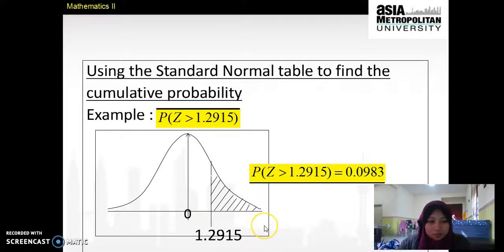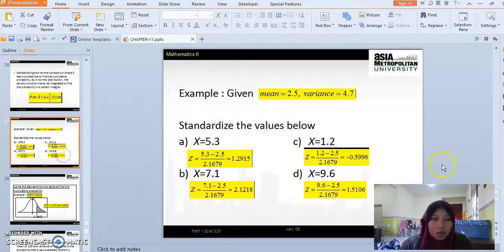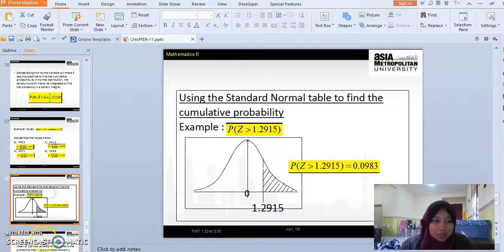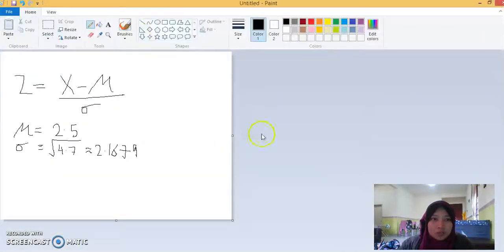Now before that, let's convert our previous example. Oh, sorry, there's no previous example here. Anyway, let me show you a few more examples.